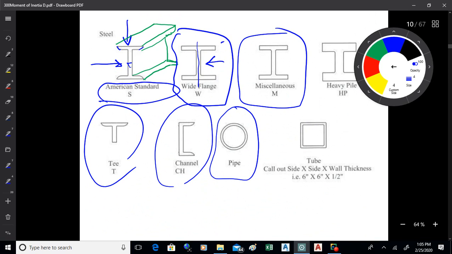Right, common shapes that we deal with that have a good ratio of area, which relates to the amount of material you're making the shape out of, to high moment of inertia are I-beams. We use a lot of I-beams in structural engineering. Other shapes are T's, channels, pipes, and tubes. Those are common things that we make beams and columns out of.